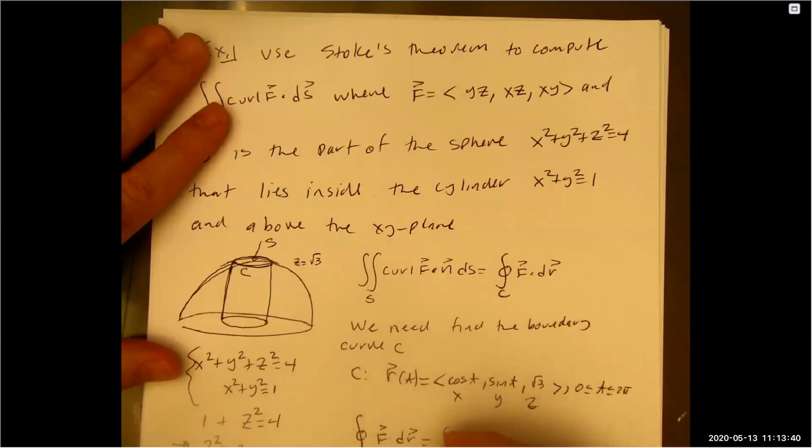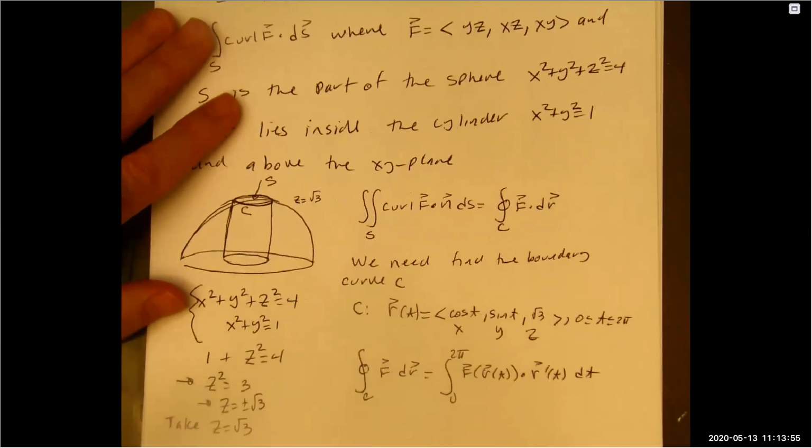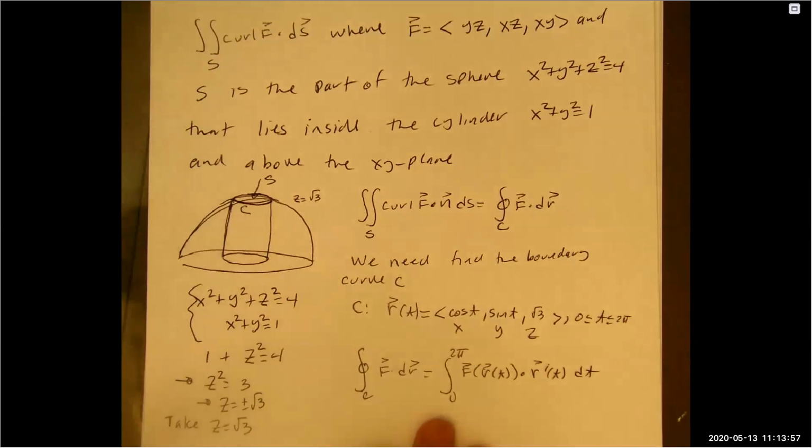So when I calculate this line integral, what this is really going to give me is the integral from 0 to 2 pi of F of r of t dotted with r prime of t. That's what this is telling me to do.